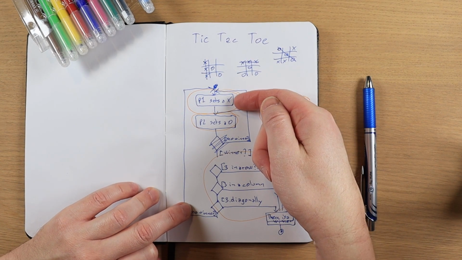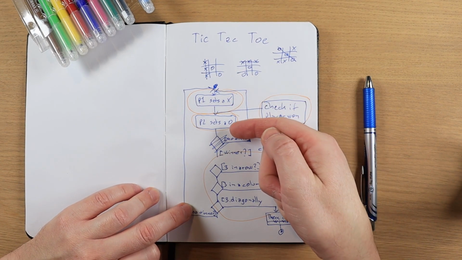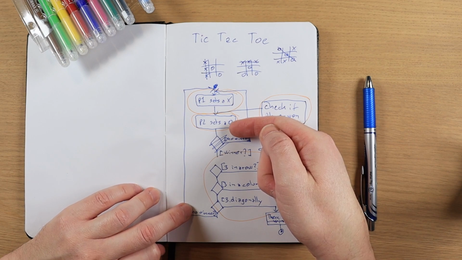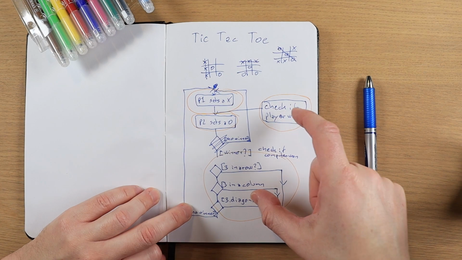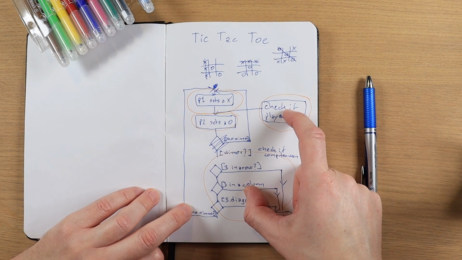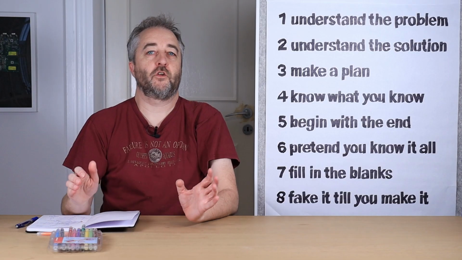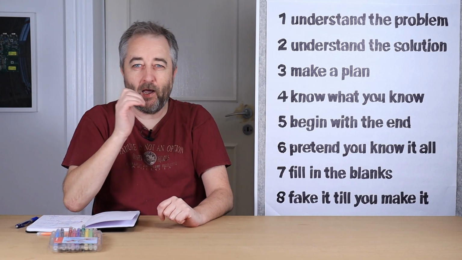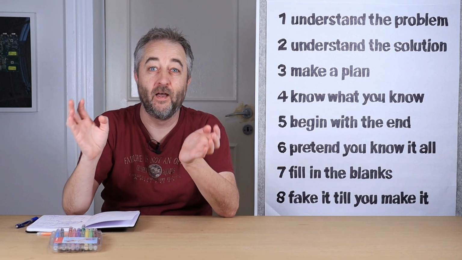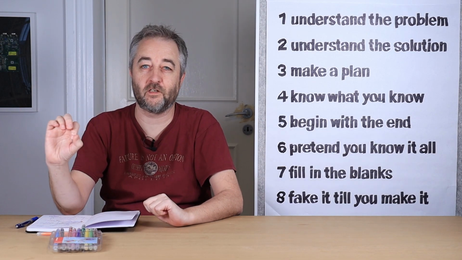The player selects a field, we check if the player has won. The other player, the computer, selects a field and we check if that has won. And these 2 parts would be very, very similar, if not outright identical. So, on to the next part. Know what you know. And I'm going to come clean here. I actually do know how to write the tic-tac-toe game.